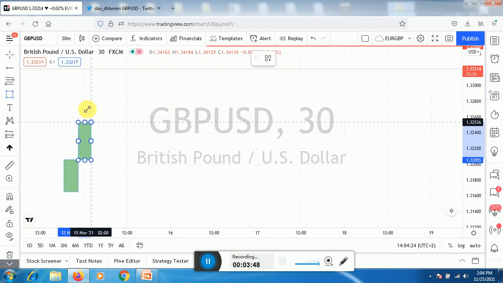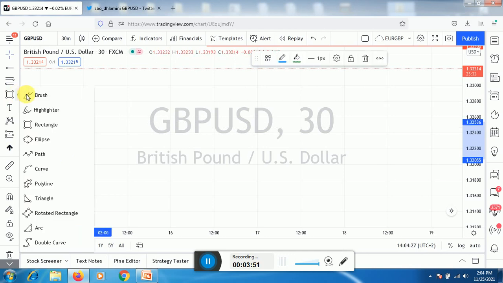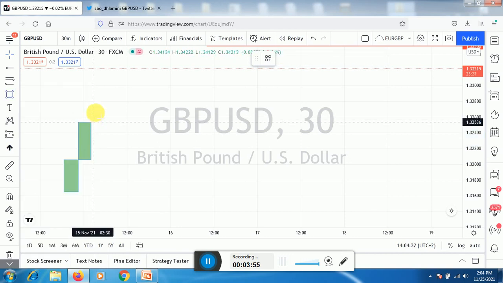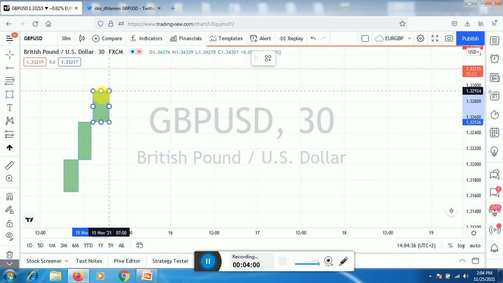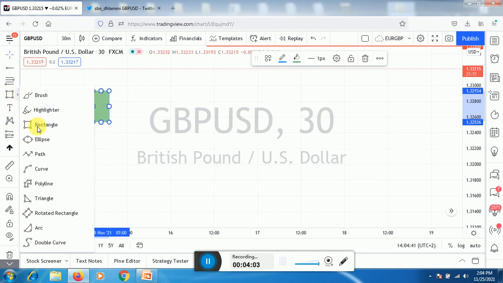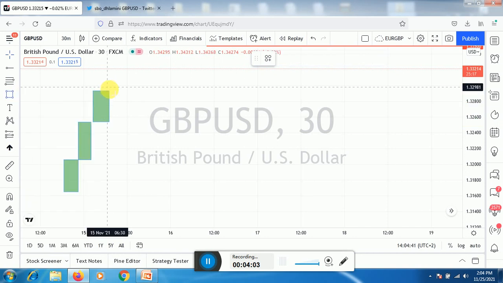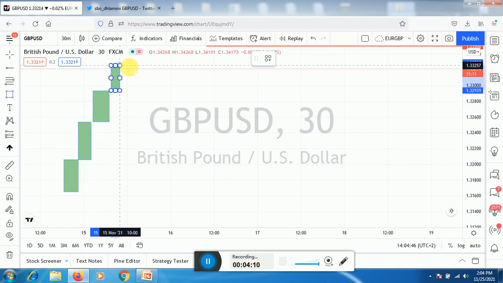Those are 2 bullish candles. And then there's a third bullish candle. And then there is a 4th bullish candle right there. Okay.